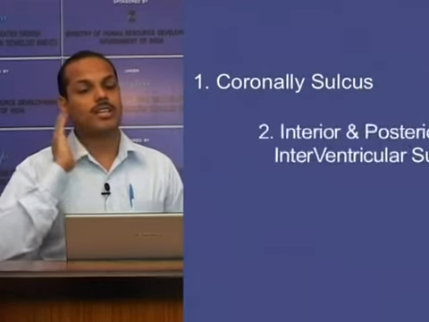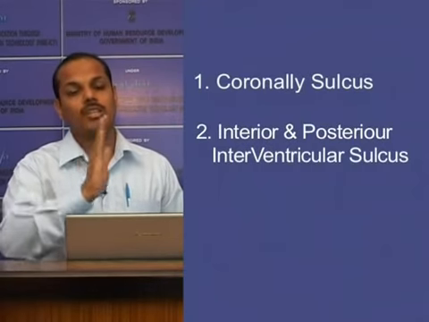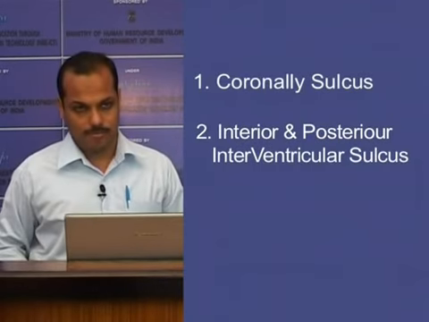There is a coronary sulcus which divides the atria and ventricles. There are anterior and posterior interventricular sulci which separate the left and right ventricles.